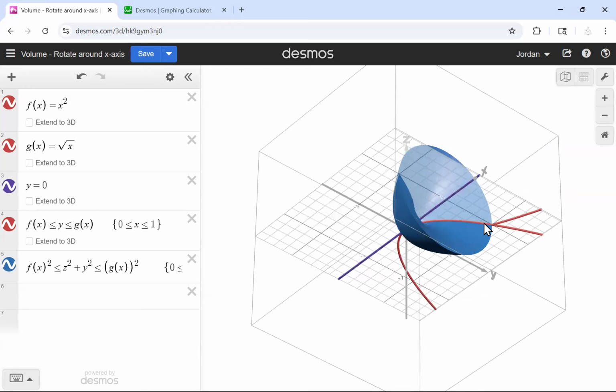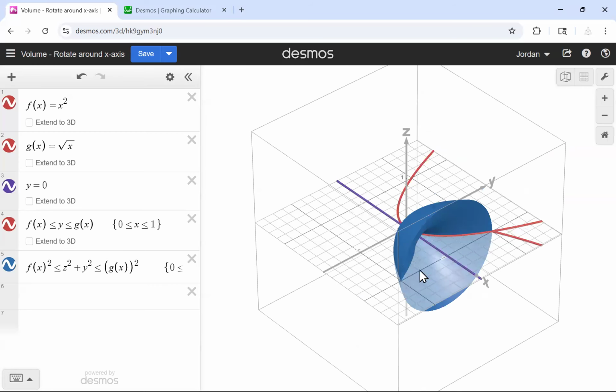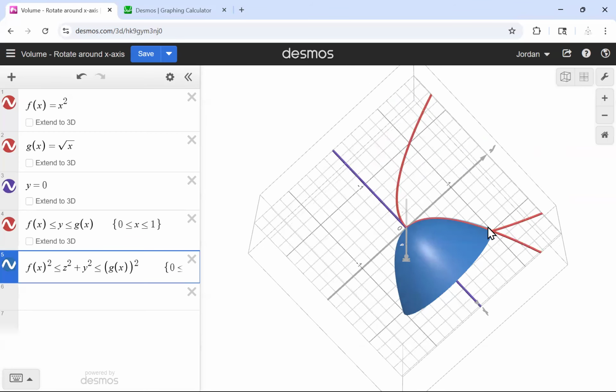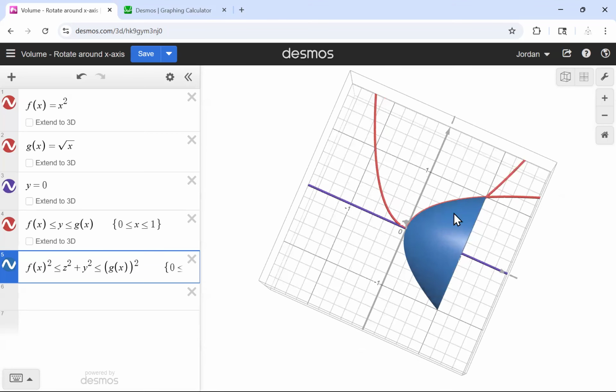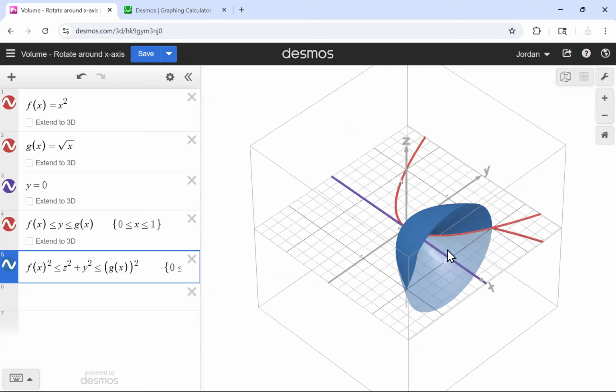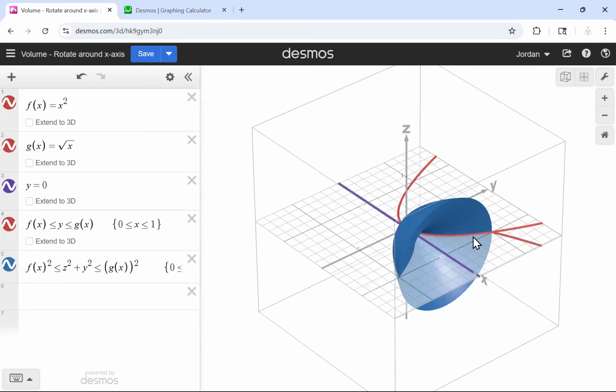Not a perfect bowl. The inside of the bowl has this curve to it, and the outside of the bowl is going to have this curve to it. So if you just look at here, it looks like a parabola figure. If you look at here, it looks like a parabola pointed the other direction.